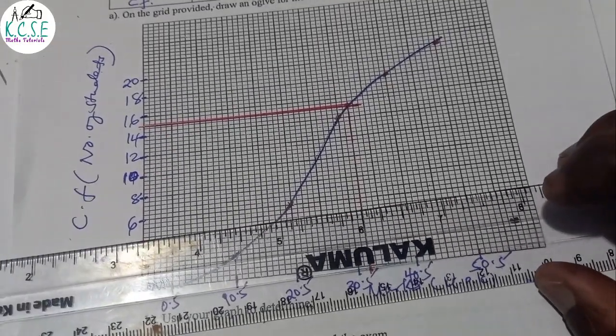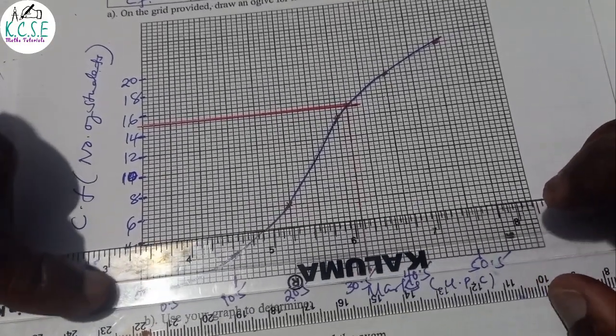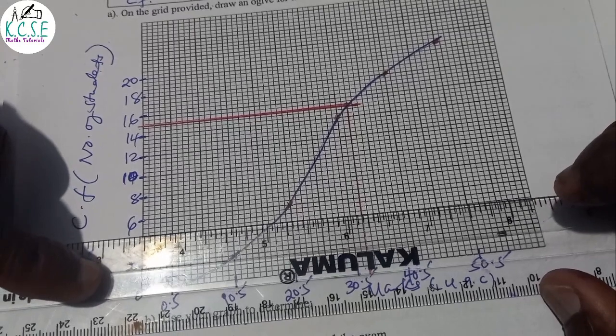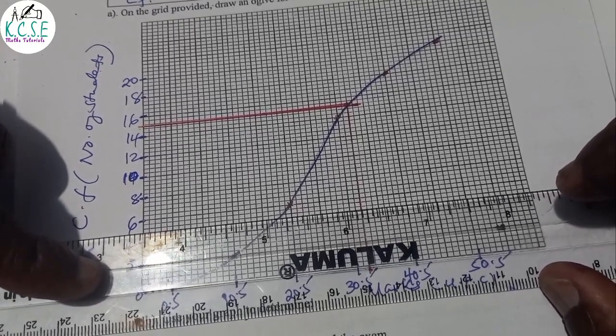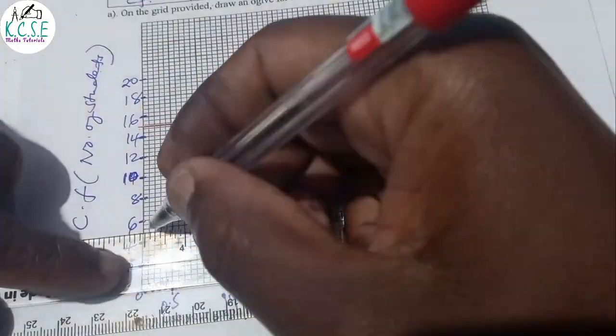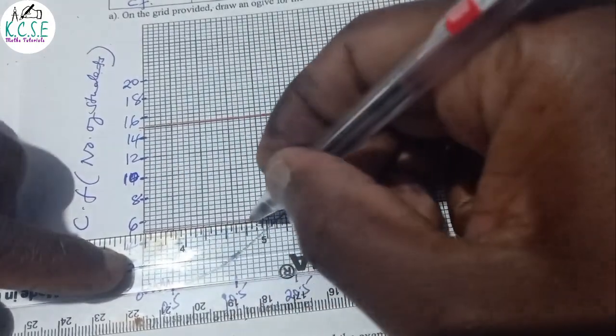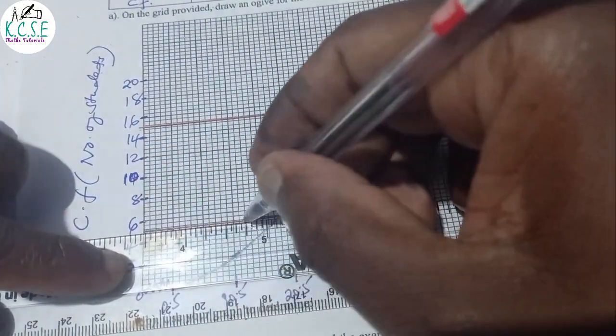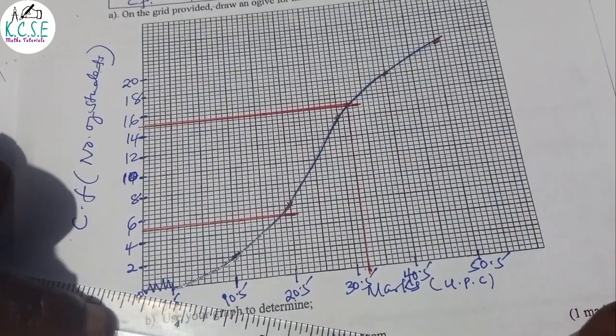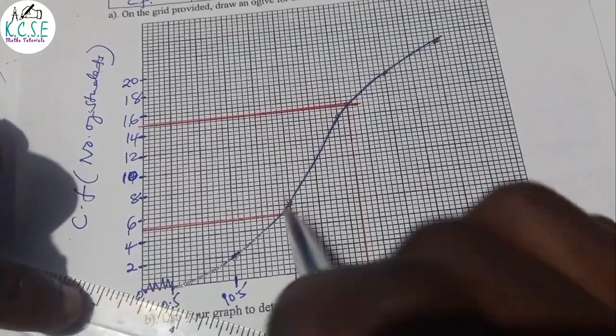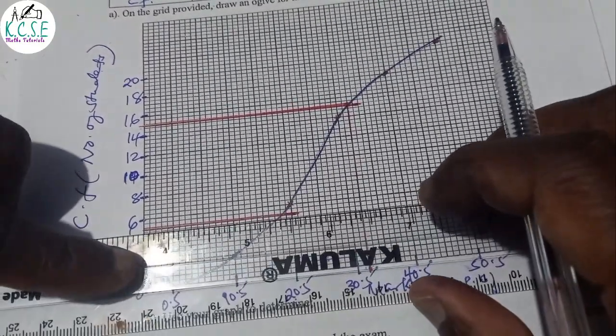The fifth student will be again exactly at the middle here, exactly at the middle between 4 and 6.